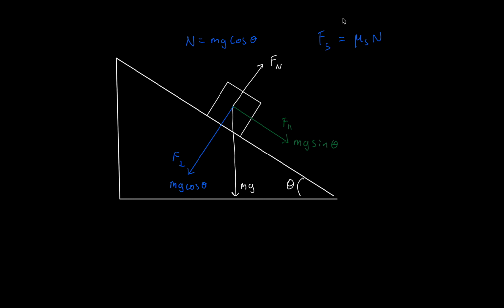We can substitute normal force over here, and that is when we get this equation: mu static times mg cosine theta. And that is how we get our static frictional force. And if we want to do the same for our kinetic force, it's pretty much the same thing, but just substitute mu k: mu k times mg cosine theta.